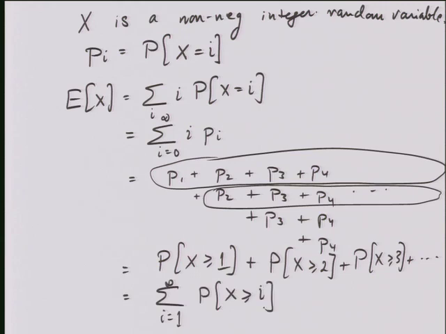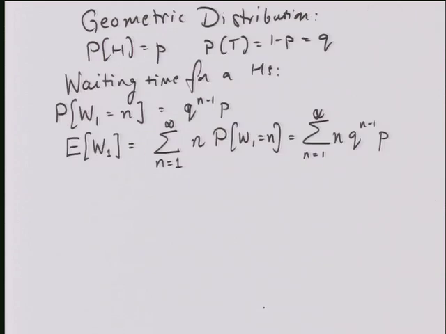Okay, so we can go back to our problem from before. We want to compute the expectation of W1. W1 is a waiting time for something. It's non-negative. You have to wait for at least 0; you can't wait for negative time here. So the expected value of W1 is the sum over i equal to 1 to infinity of the probability W1 is at least i.